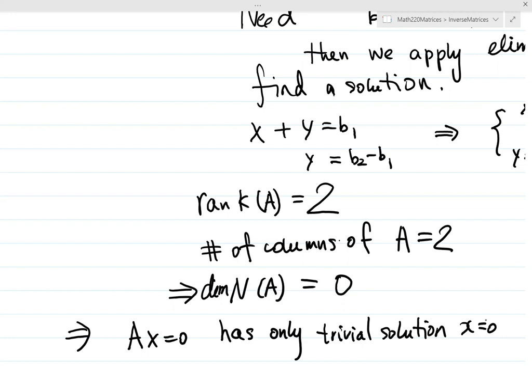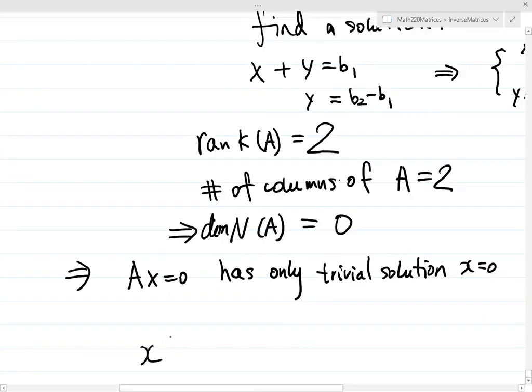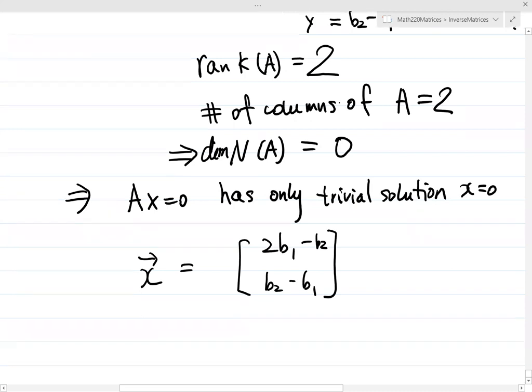So the general solution is this. We only have one solution, actually: 2b1 minus b2, b2 minus b1. Okay, then we're done.